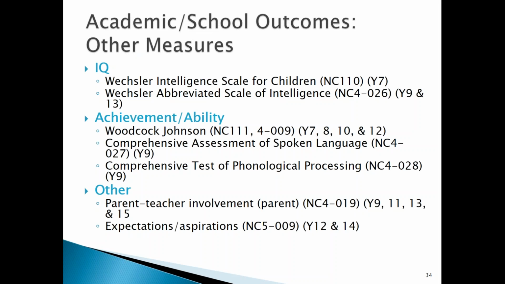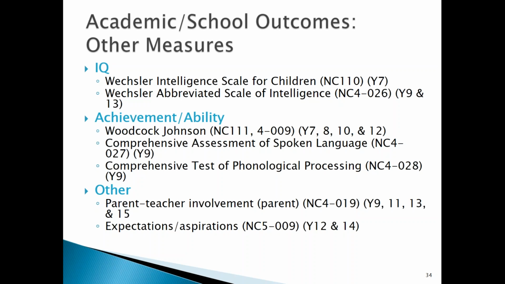There are other outcomes that are not completed by teachers, but I thought may be of interest to those of you who are interested in studying academic or school outcomes. There were a few other measures on this slide. For example, there are some Wechsler forms on IQ tests at years 7, 9, and 13.